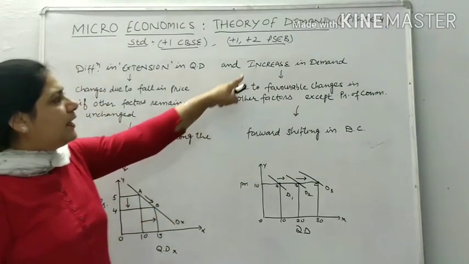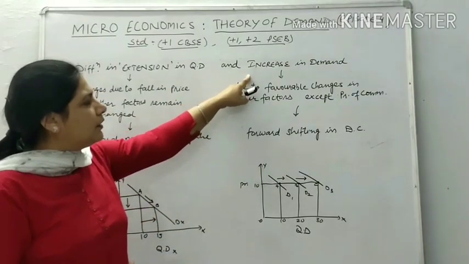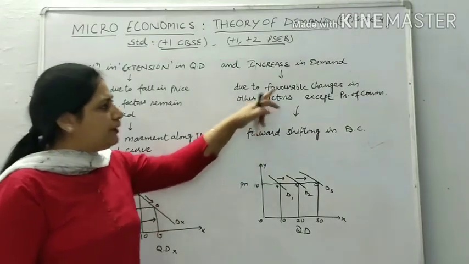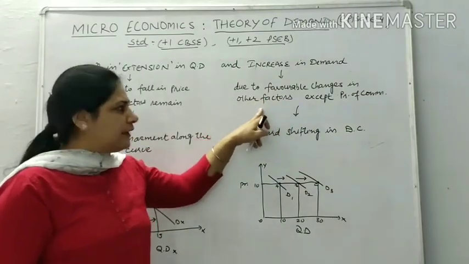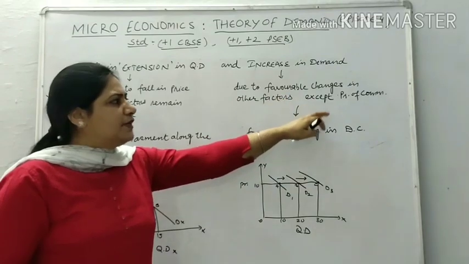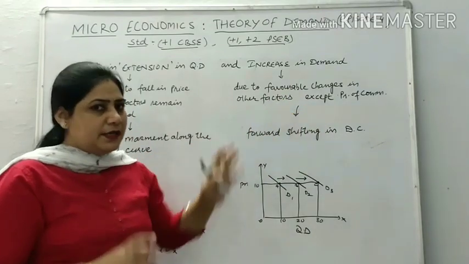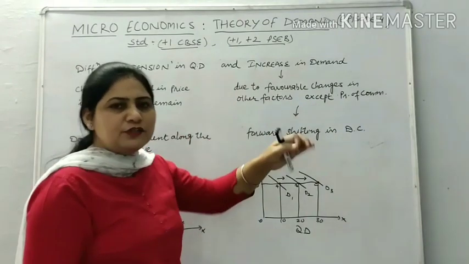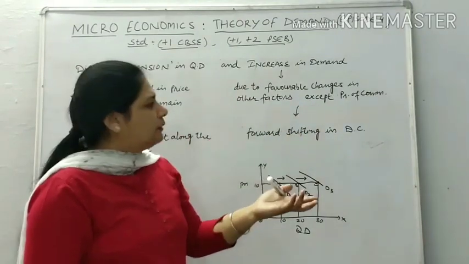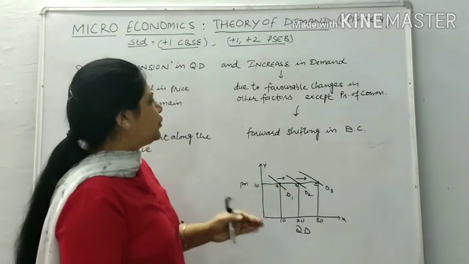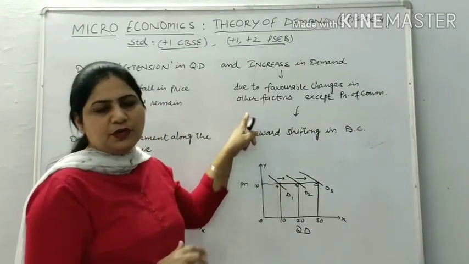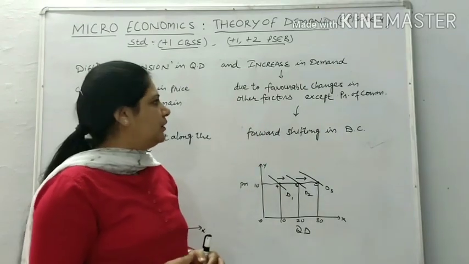But when we talk about increase in demand, this happens due to favorable changes in other factors except the price of the commodity. Here, there is no change in the price of the commodity that a consumer is going to purchase, but other factors related to the demand function have changed.